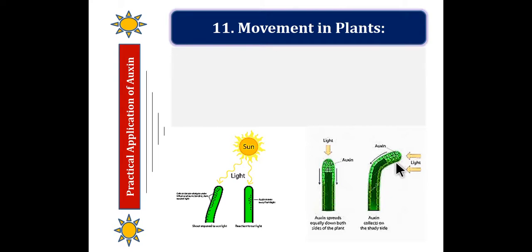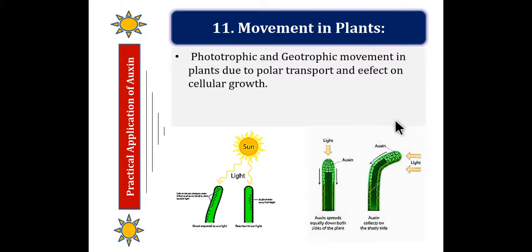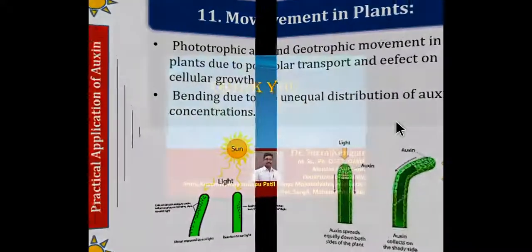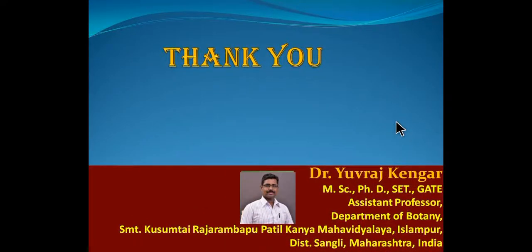The maximum auxin is present at the tip, and very little auxin is present at the base, and therefore the bending takes place, and the phototropic and geotropic movement in the plant happens. This is a very important characteristic feature of auxin, but despite this great physiological importance, there is no practical application at all. So in the incoming lecture, we will study gibberellin, the next phytohormone, plant growth regulator, in detail.